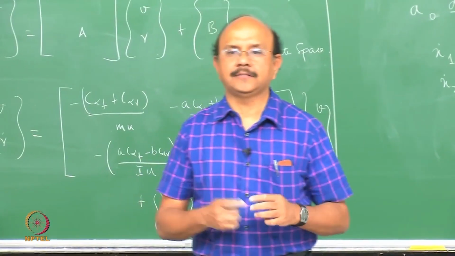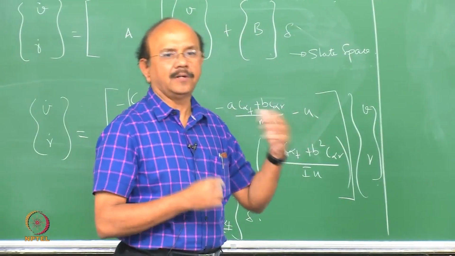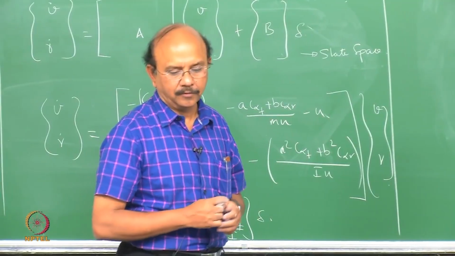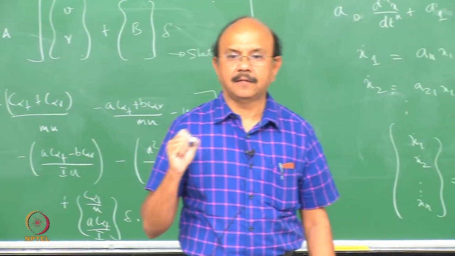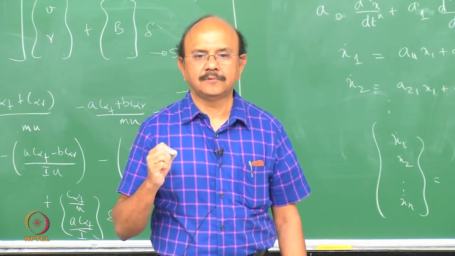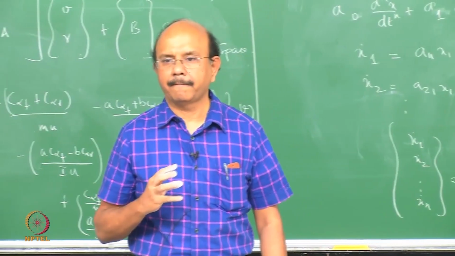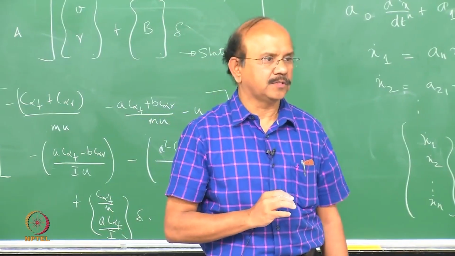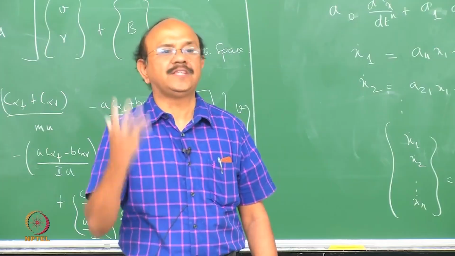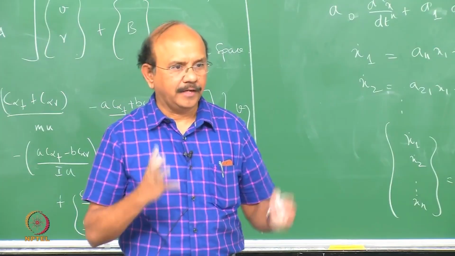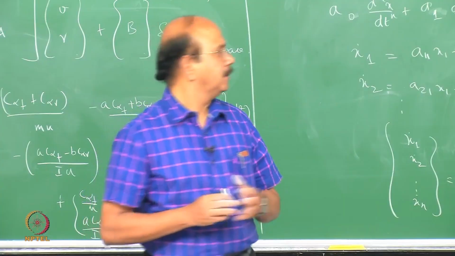I can't put any s. Of course, s can be real or imaginary and so on. We will come to that in a minute. So this s has characteristics which you would have studied in your earlier courses, and we will see what s has to be in order that this becomes a solution to the system, right?